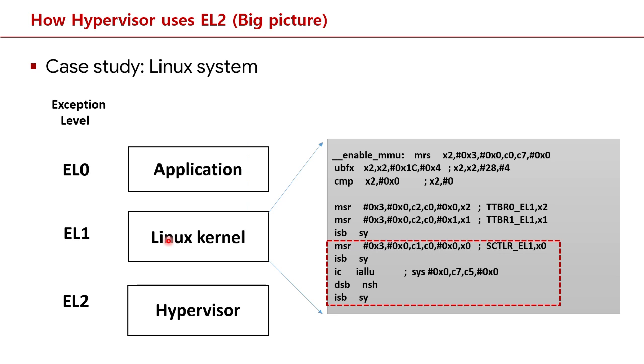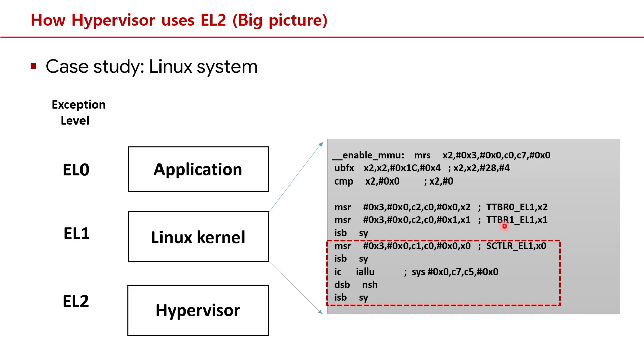Now let's take an example of the system registers that are accessible at exception level 1. Here is part of the startup code that can be used during boot up. Here, there are three system registers that are suffixed with exception level 1. This system register is the TTBR0_EL1 register.